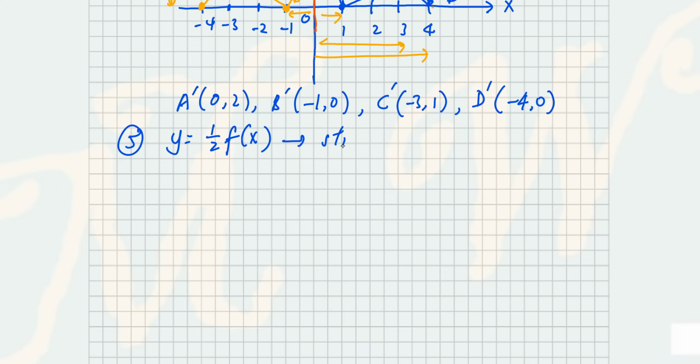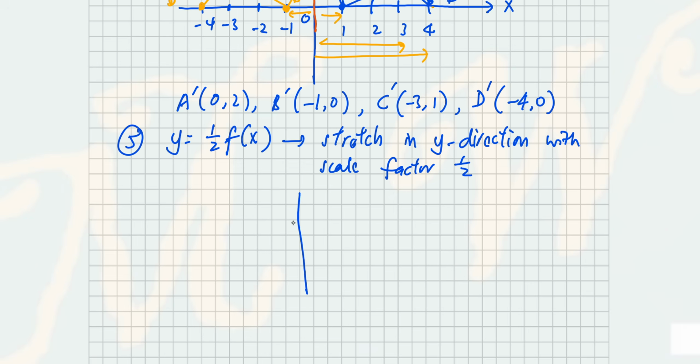So basically, this is a stretch in the y direction with scale factor 1/2. Okay, so that means now, what happened to the graph?